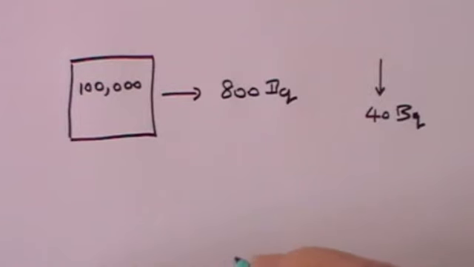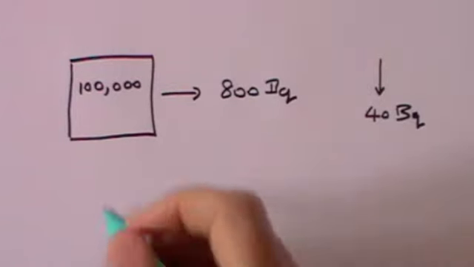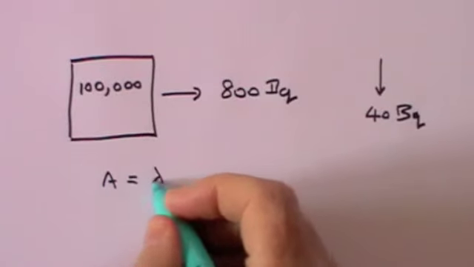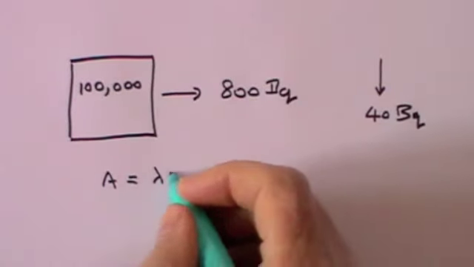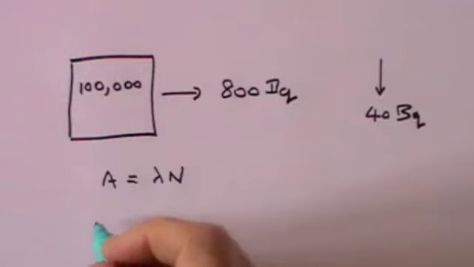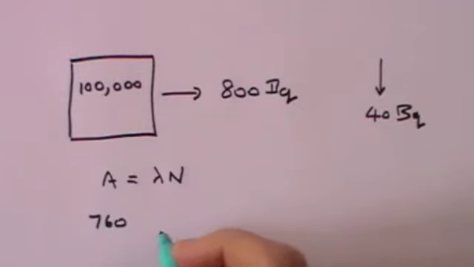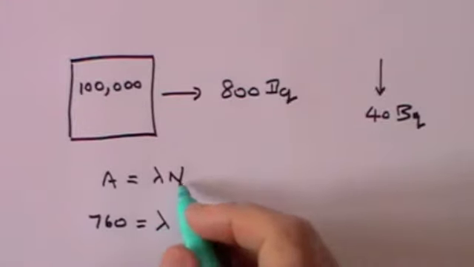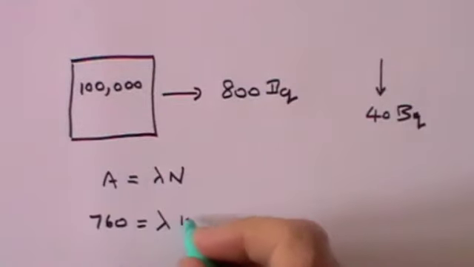And we're going to use the formula that A, the activity, is equal to lambda, the decay constant, times n, the number of atoms. And we are told that A is 760, well, it's 800 minus 40. And that's going to equal lambda, the decay rate, which is what we need to find, times n, which is 100,000.